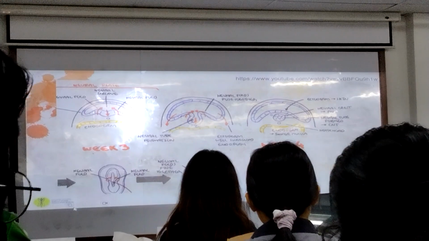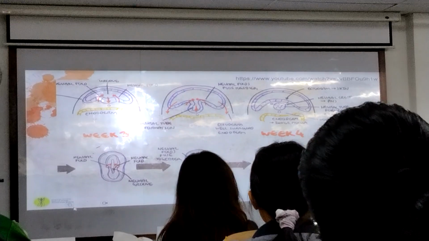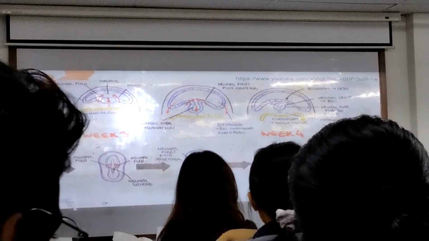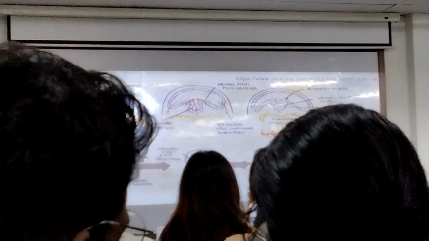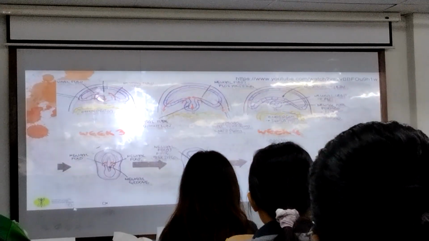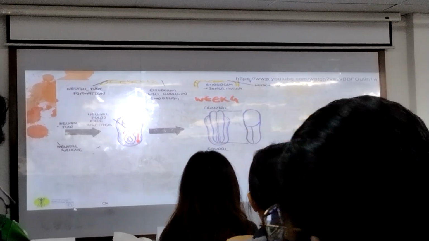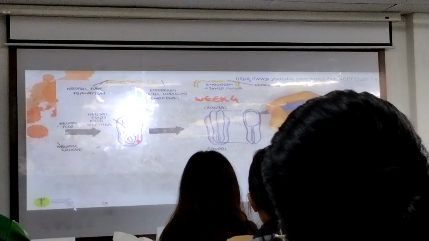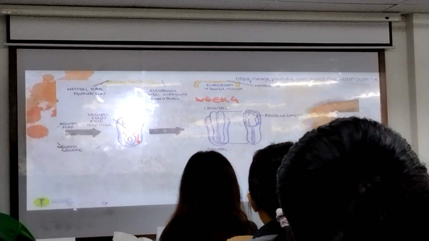So let's look at the whole process from the top again, focusing on the neural plate. By week 4, you have something that looks like this. From the cranial to the caudal, 4 segments of the neural tube, as the neural folds fuse. Because the neural tube gives rise to the nervous system, you can think of the neural tube in terms of sections.